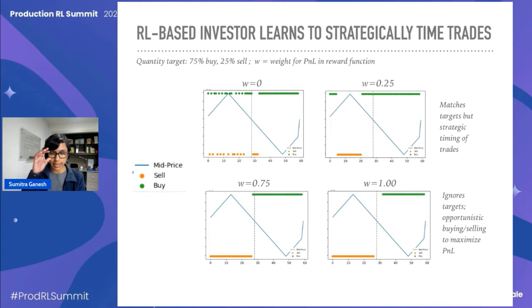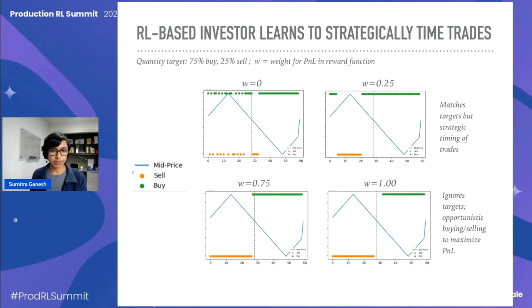So let's take a look at what this means for the RL-based investor. In this simple illustrative example that I have here, we set a quantity target of 75% buys and 25% sells for all the investors. So every investor is essentially making a trade-off between meeting this quantity target and maximizing its P&L.